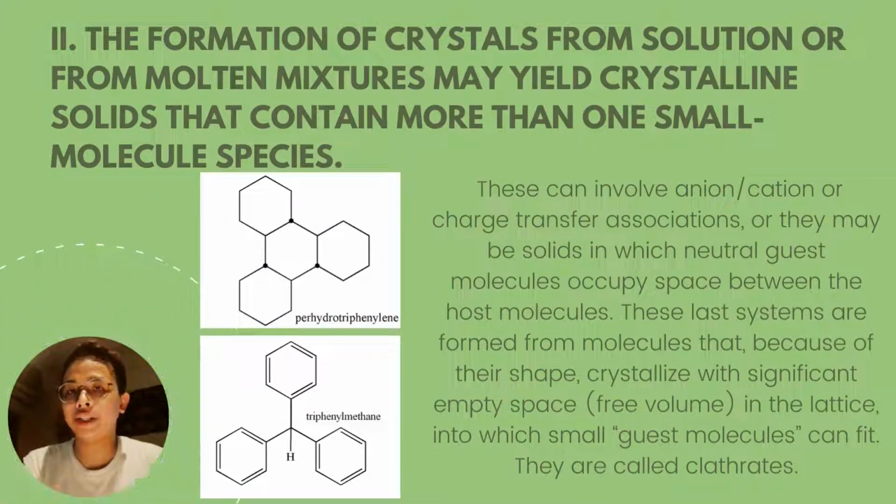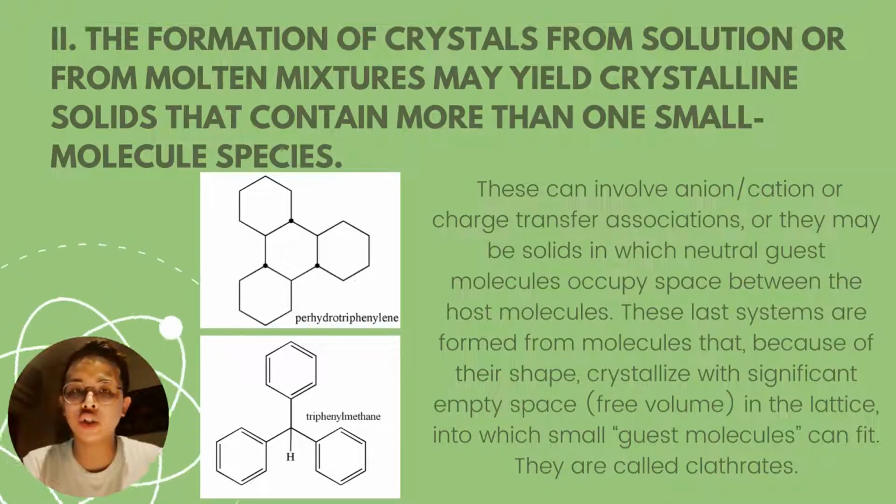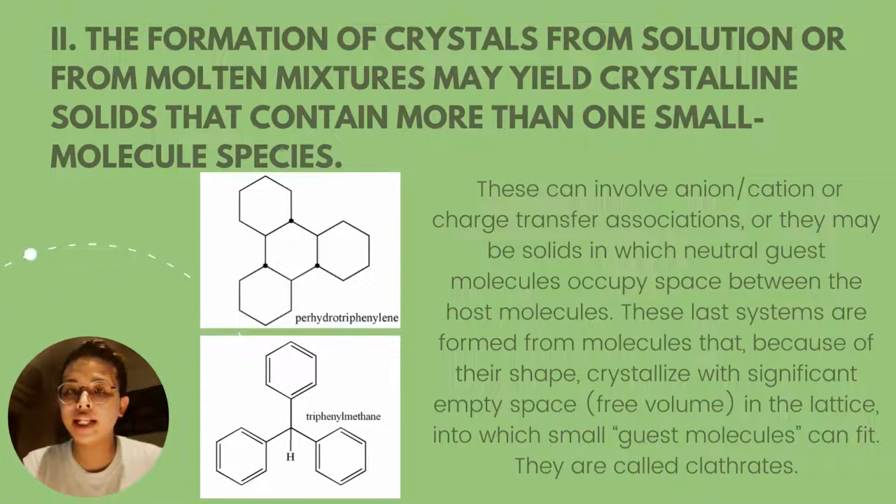The second importance is that the formation of crystals from solution or from molten mixtures may yield crystalline solids that contain more than one small molecule species. These can involve anion, cation, or charge transfer associations, or they may be solids in which neutral guest molecules occupy space between the host molecules.